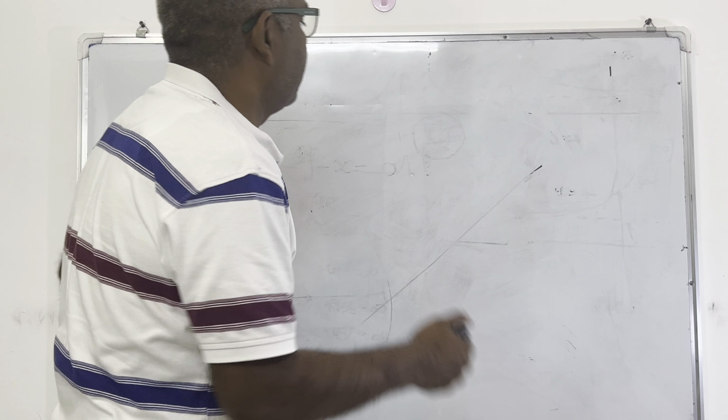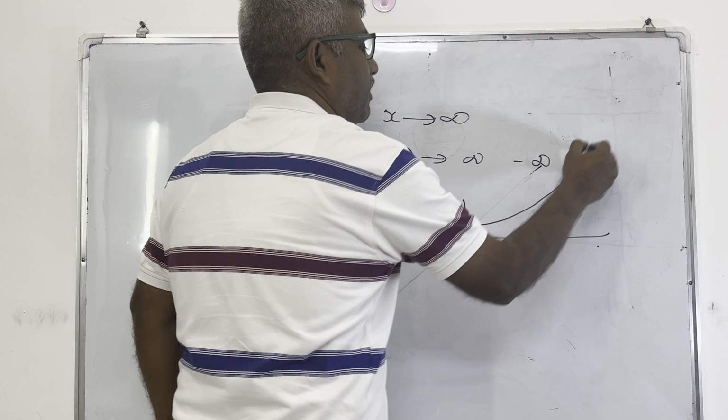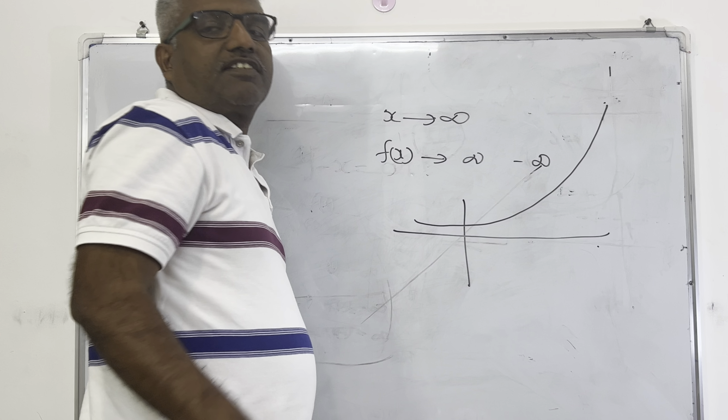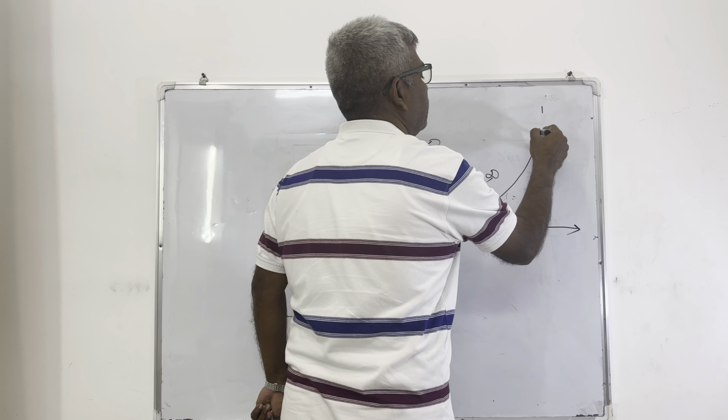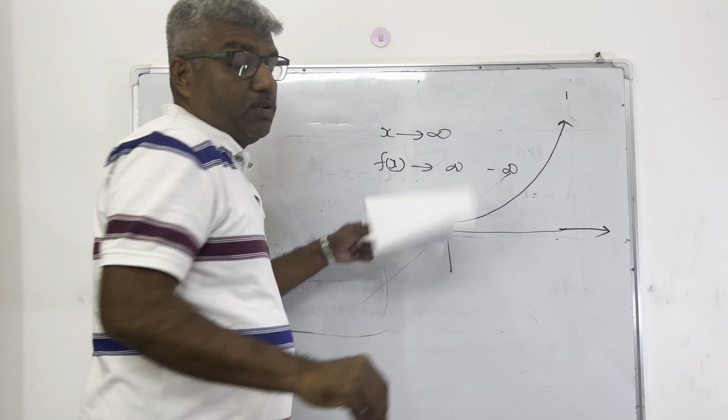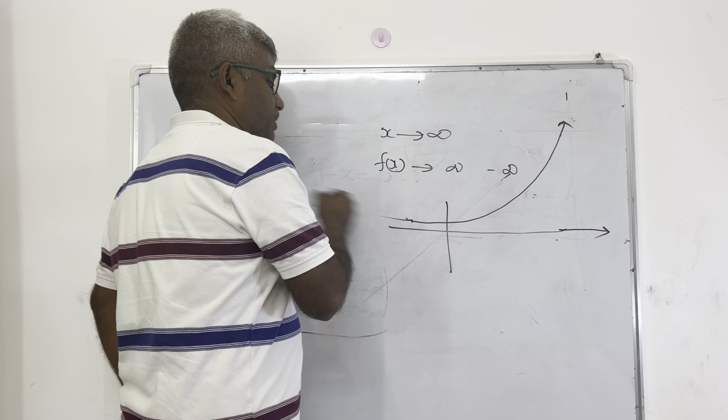When x is approaching infinity, f of x is approaching infinity or negative infinity, it is no horizontal asymptote. For example, when x is approaching infinity, f of x is also approaching infinity. So this is no asymptote. Sorry, it is no asymptote.